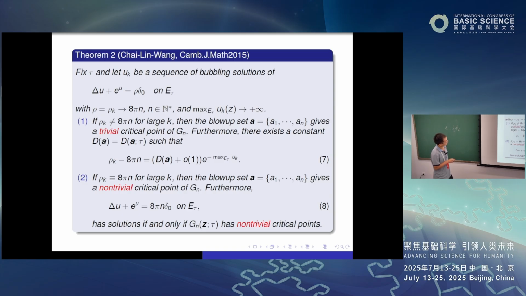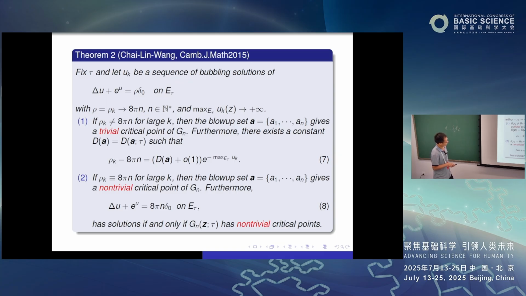Then if rho_k is not 8 pi n for large k, then u_k will have n blow-up points, and the n blow-up points will give a trivial critical point of this G_n. If rho_k is always 8 pi n, then the blow-up point set also contains n points, but it will give a non-trivial critical point of this G_n.